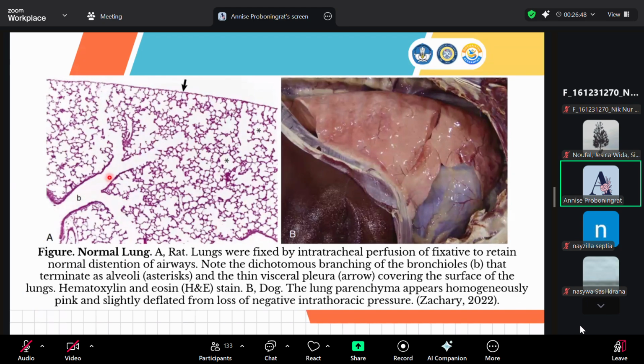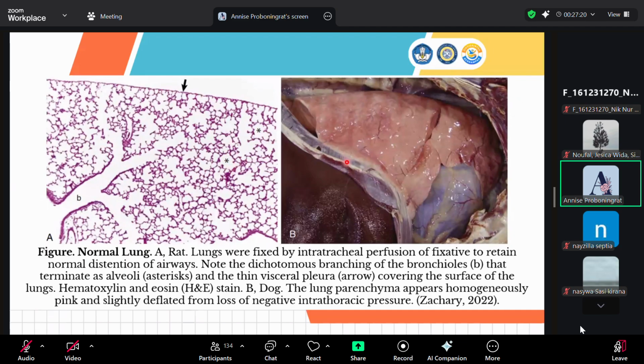And then these are the bronchioles, the bronchioles that are branching. This is the terminal bronchiole, and then it continues to the respiratory bronchiole and then makes branching until it becomes alveoli that have a clear airspace lumen.